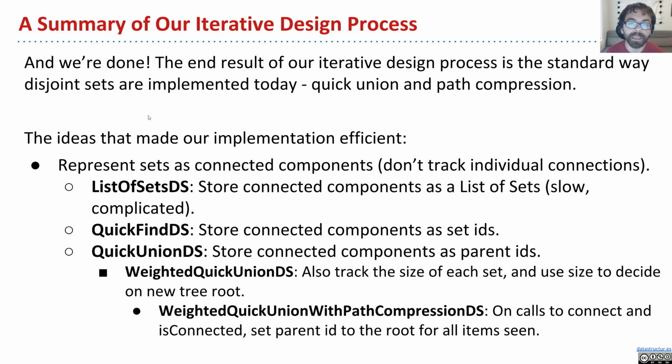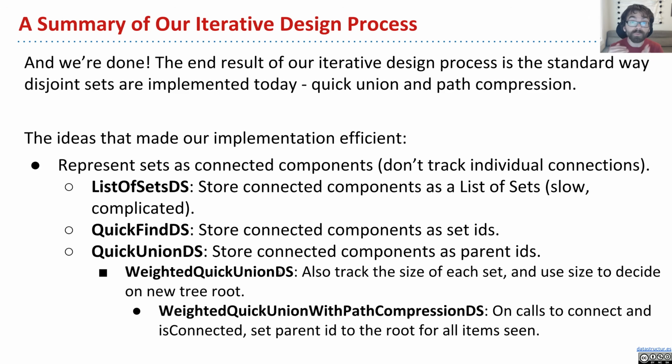Now, the ideas that made our implementation efficient: we first started with this very basic but actually bad idea where we used a list of sets. We then did quick find, where we stored our connected components as set IDs. We then did quick union, where we store the connected components as parent IDs. And then we had a couple of improvements where we changed the rules for how union is done, and then we added a rule for compressing the tree to make it shorter.